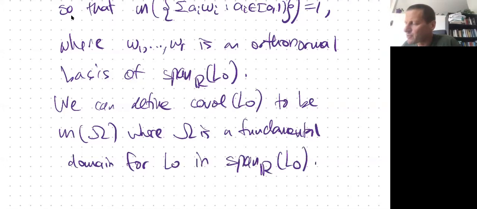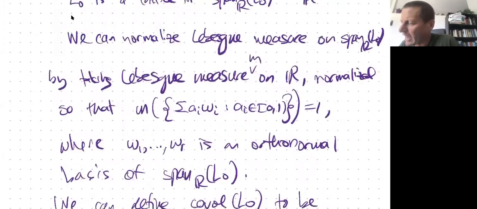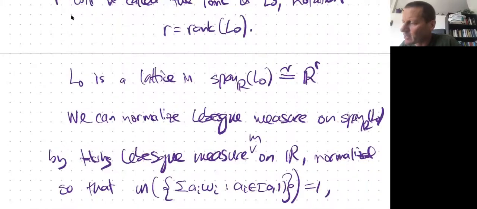Maybe I'll return to this point later in the course, but for now, all I'm saying is that if L0 is a lattice of a certain rank r, then it's a subgroup of a certain rank. I can think about it as a lattice in R^r, where r is the rank. That's because the space it lies in is r-dimensional, and it's isomorphic to R^r.